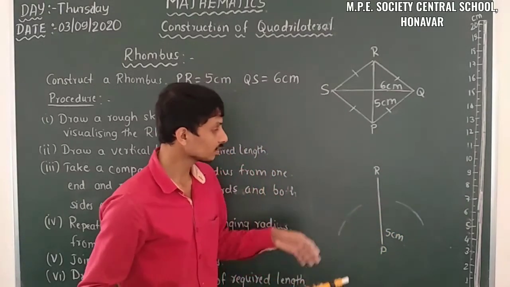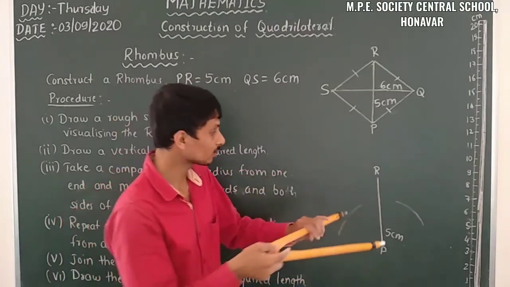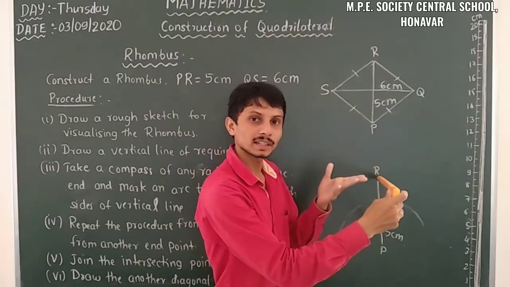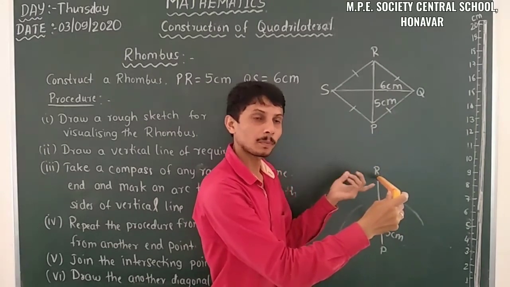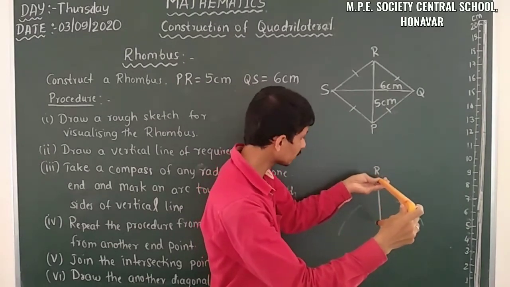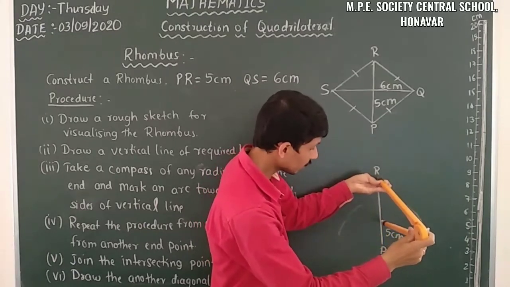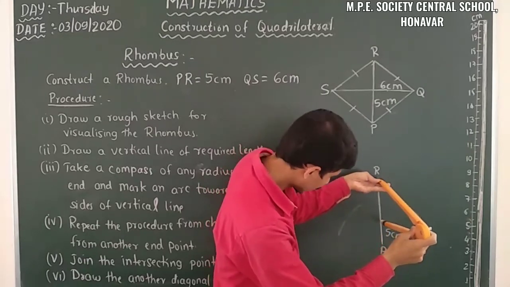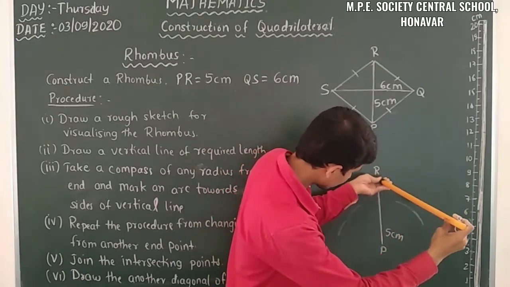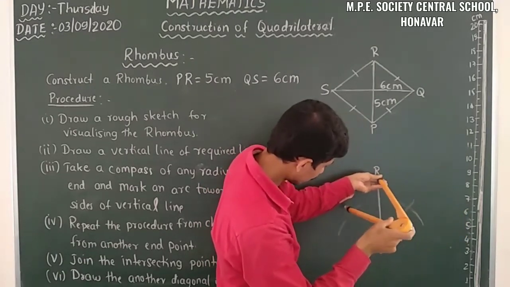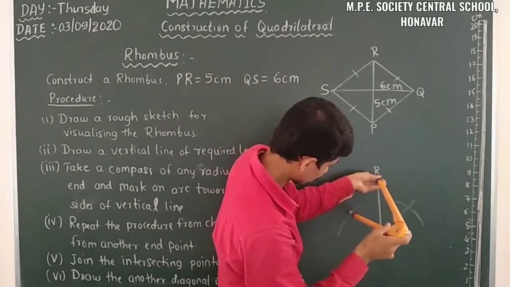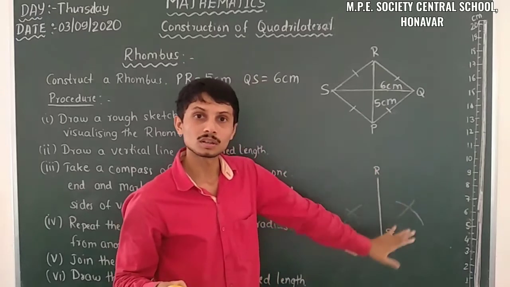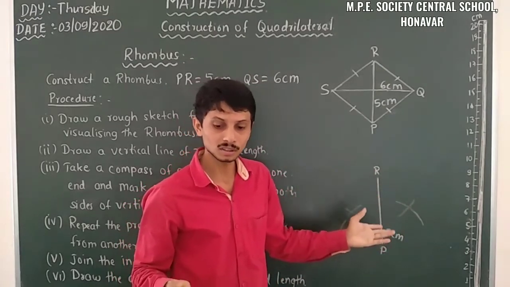Then we take a compass of any radius at the other end point also, and repeat the previous procedure from that end point. Here we have to cut the previously drawn curves.